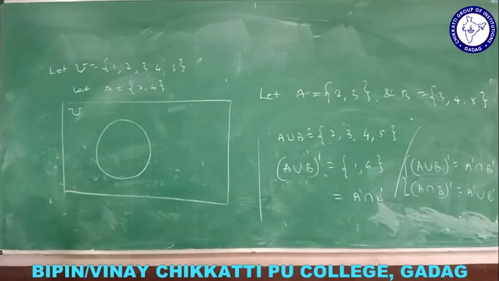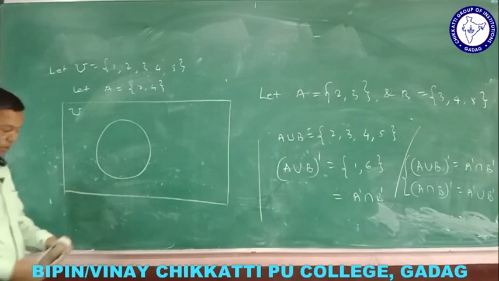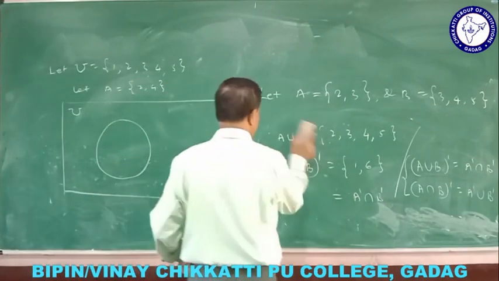So here you have to understand how to represent this: this is A and A dash, and how we take this in terms of complementation.